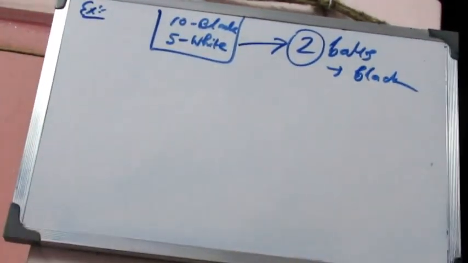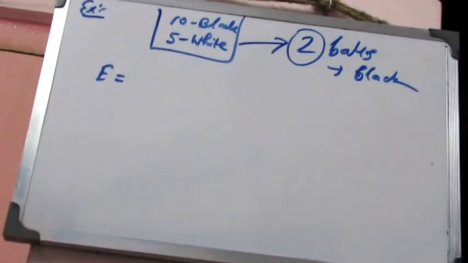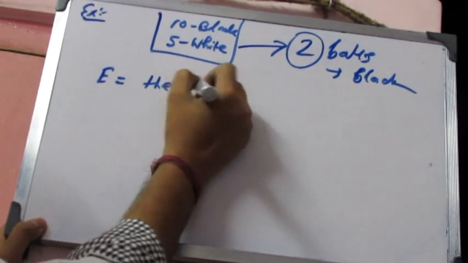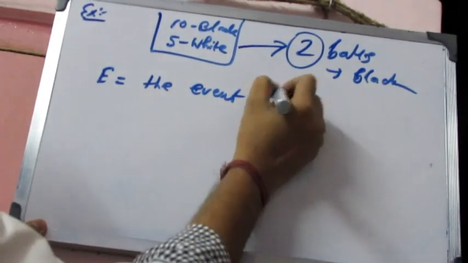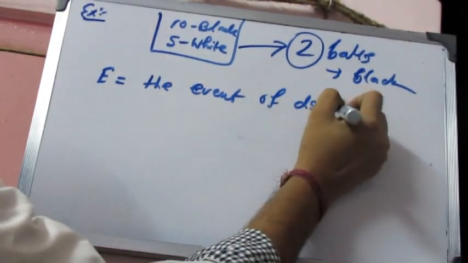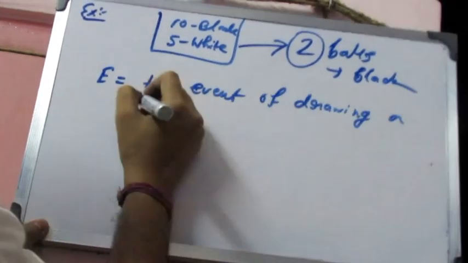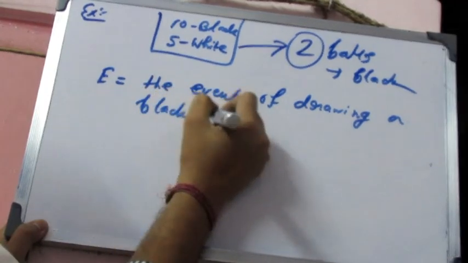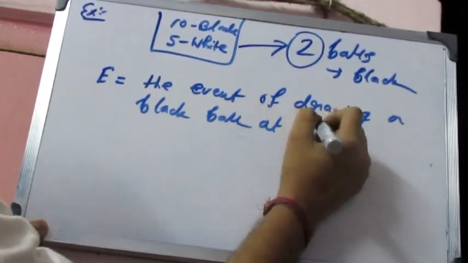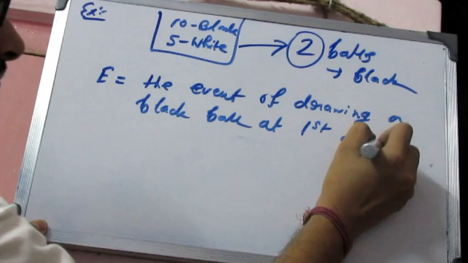To find it, first of all, we have to take 2 events. First event is E, the event of drawing a black ball at first draw.